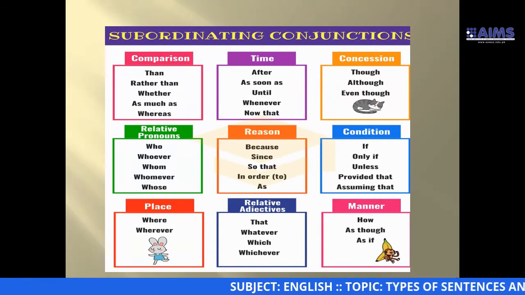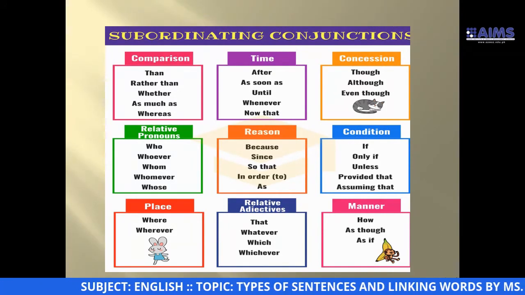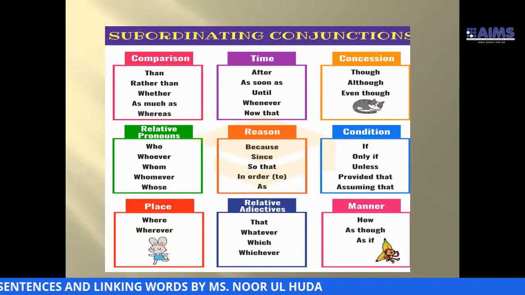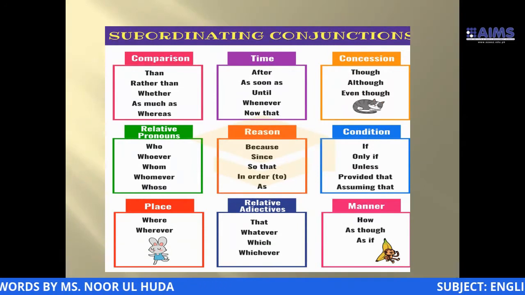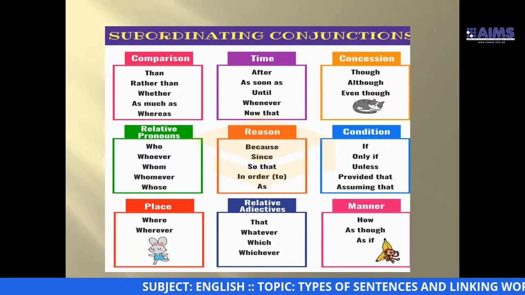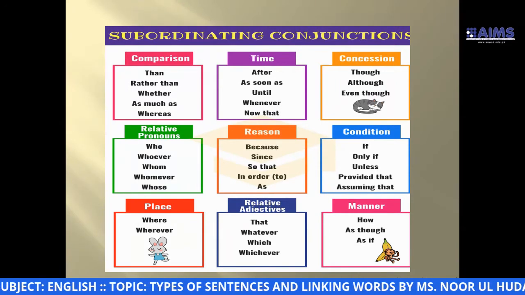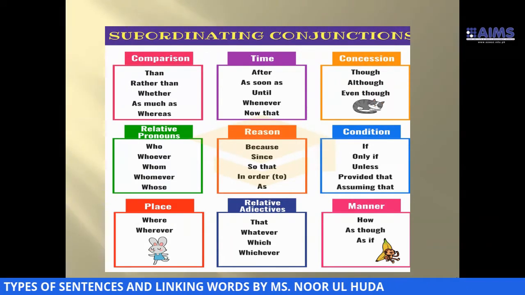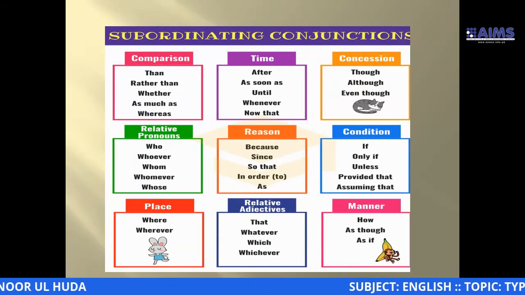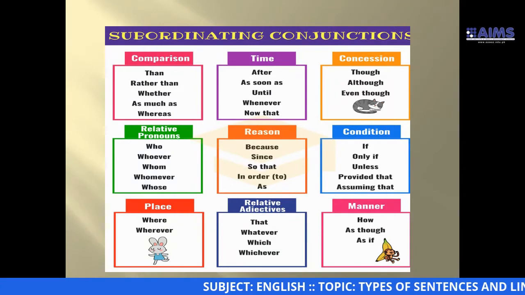Relative pronouns, like who, whoever, whom, whomever, whose; we also studied these in relative clauses. To show reasons we use because, since, so that, in order to, as. To show condition we use if, only if, unless, provided that, assuming that.